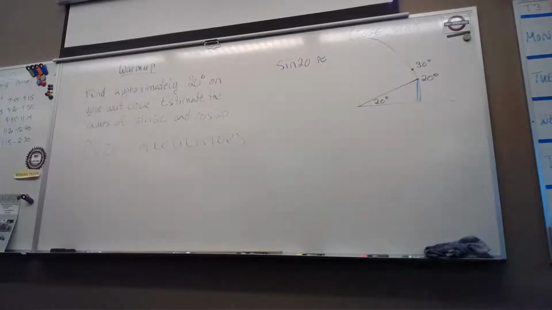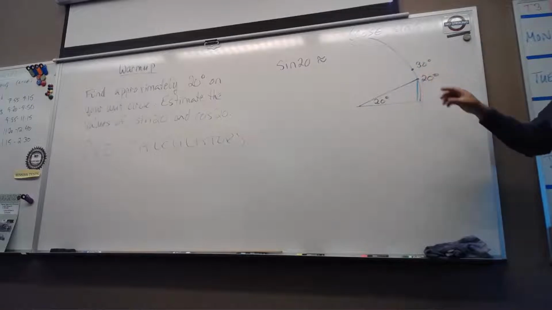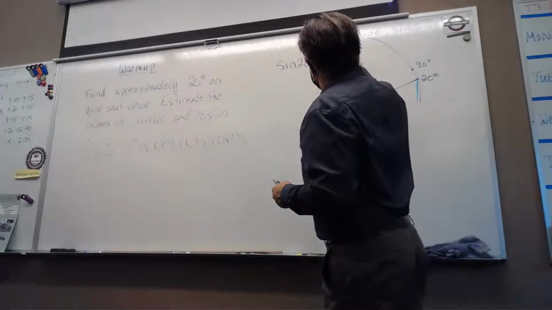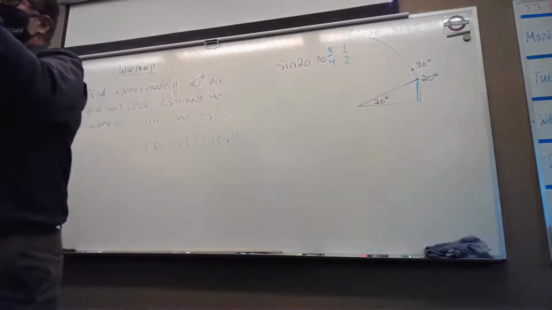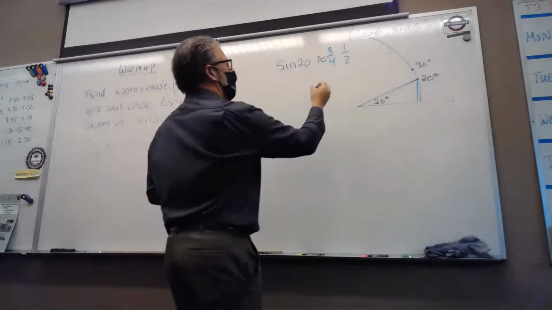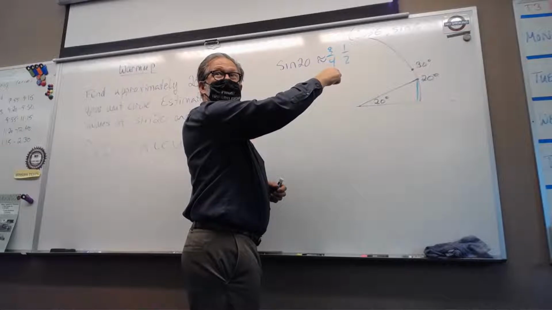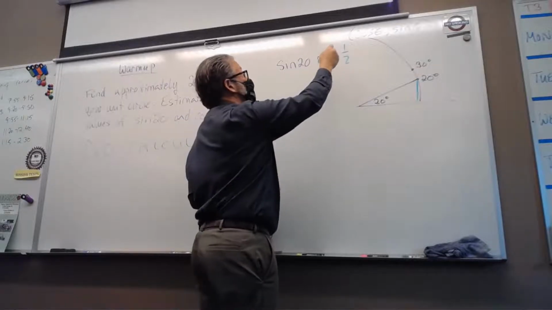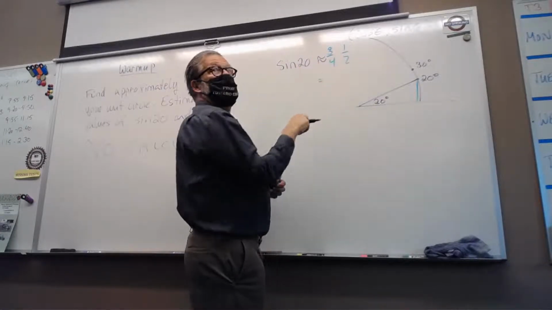If this height is about 3/4 of that height, then the sine of 20 is about 3/4 of a half. What's 3/4 of a half, Thomas? What's 3/4 of a half?